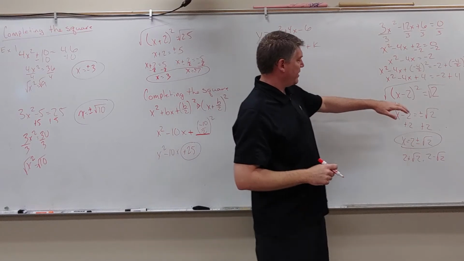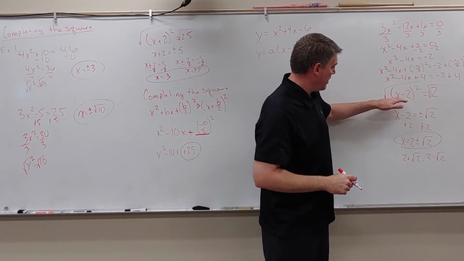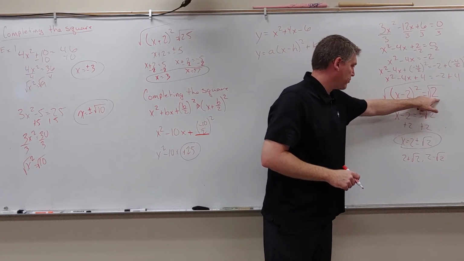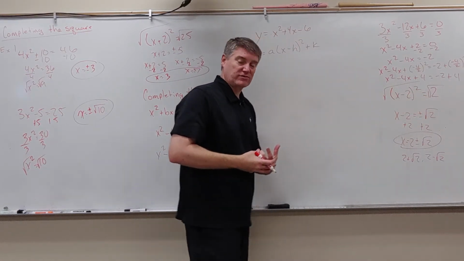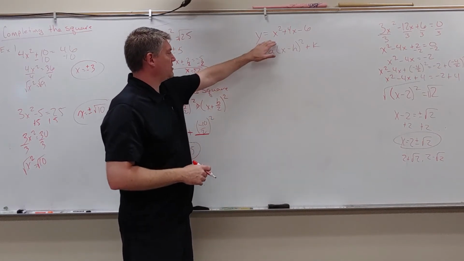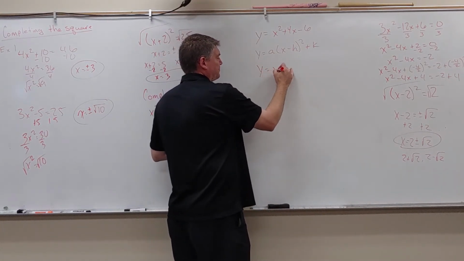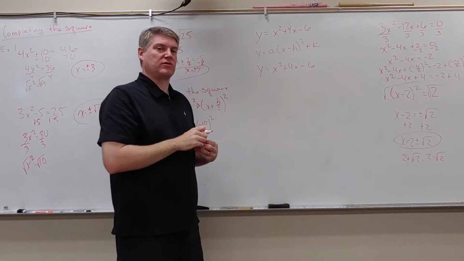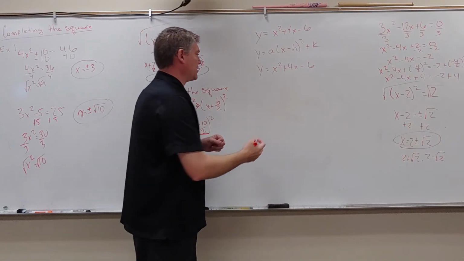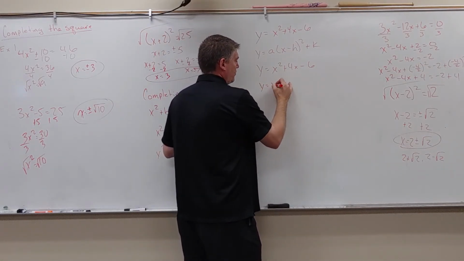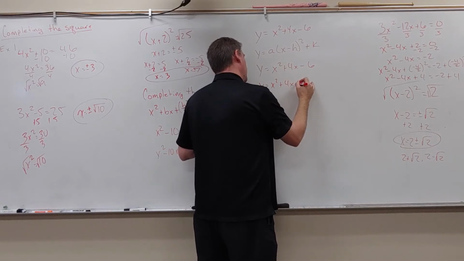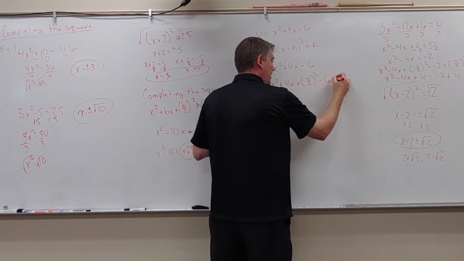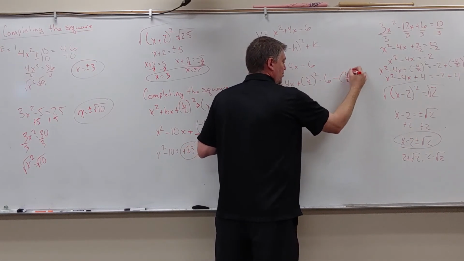Over here I have x minus 2 quantity squared equals 2. If I just bring this 2 to the other side, I'm in vertex form. So here's my problem. If I add something to one side, I'm going to subtract it on the same side. So y equals x squared plus 4x plus 4 over 2 quantity squared minus 6 minus 4 over 2 quantity squared.